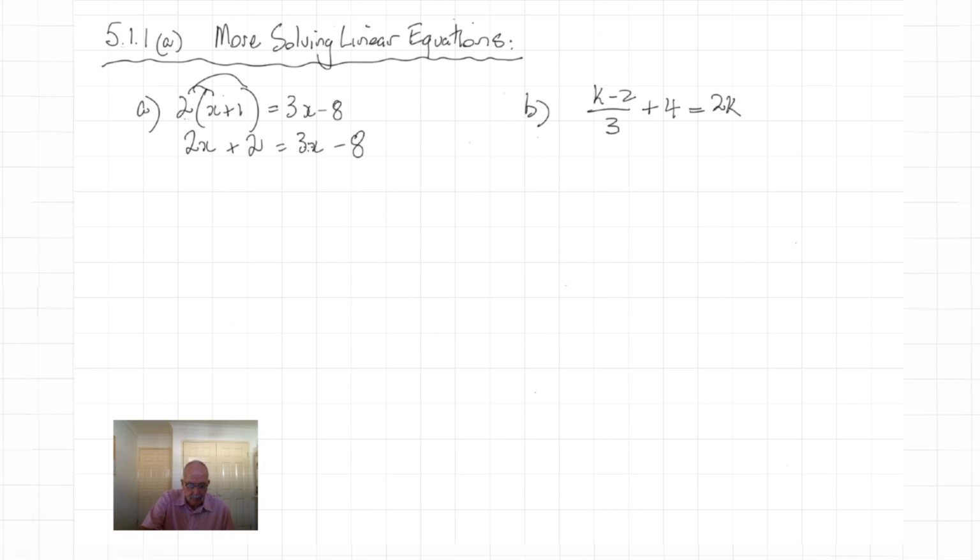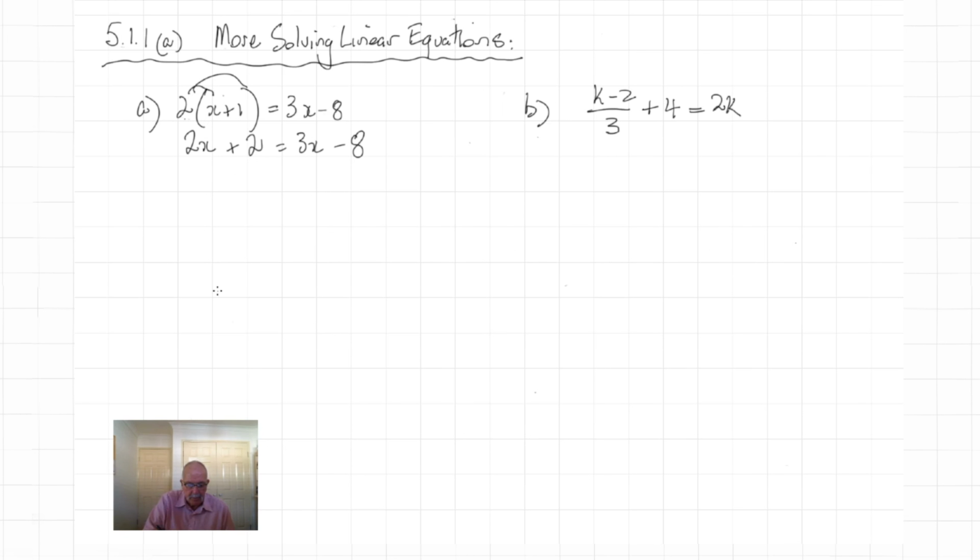If you've got positive 3x and a positive 2x, there are more positive ones over there. If this was minus 3x here, I would bring all the x's over there so we get the more positives on this side. But these are both positive. So I'm going to get all the x's on the right hand side and all the numbers on the left.